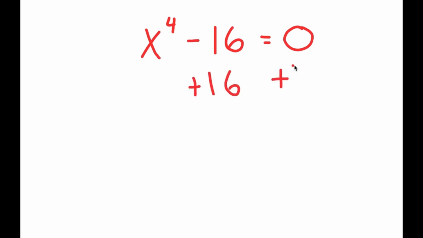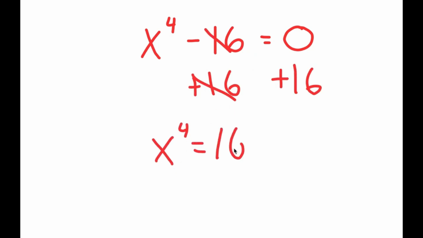Alright, so in this video, I'm going to be teaching you guys how to solve the problem x to the power of 4 minus 16 is equal to 0. So, I know what everyone's thinking to do. You guys are probably thinking to add 16 on both sides, so we get x to the power of 4 is equal to 16.